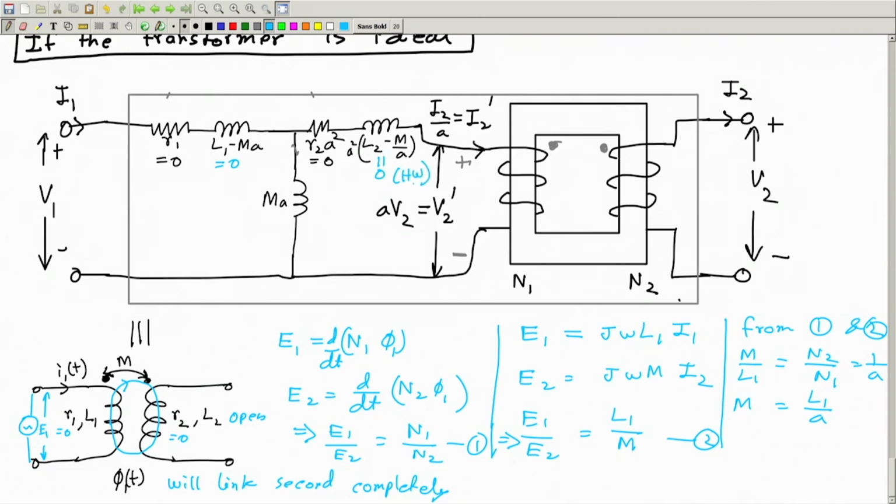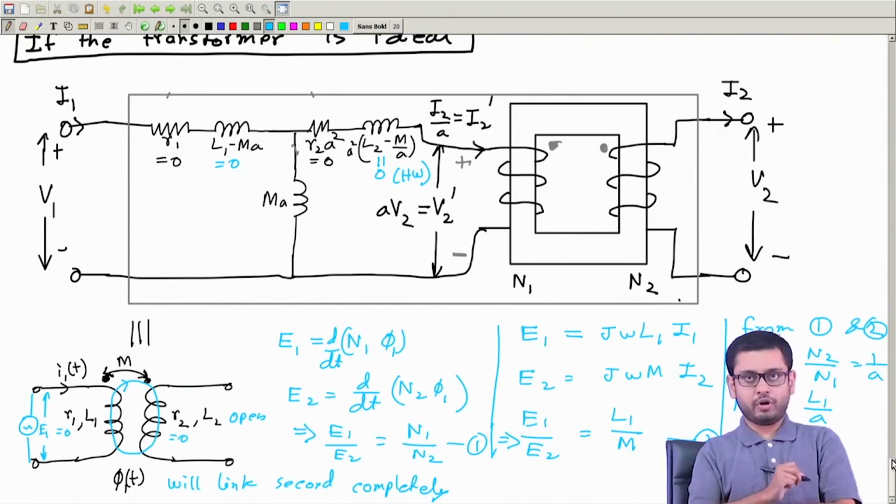With a similar analysis, you can show this is equal to 0. So that's what happens for an ideal transformer. All these things become 0. Okay, so that's it.